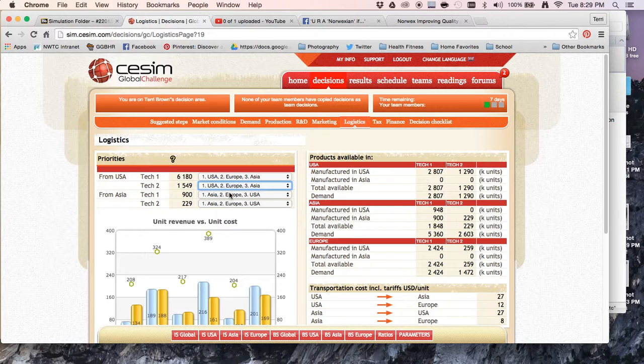Always send to the US first, and then I always send Europe next because we can't have any production facilities there. So I'm going to see if that helps my marketing, but generally I don't change this logistics screen much as a result. This is generally what I keep it at, unless for some reason one of the technologies I'm not shipping to Europe and then I put them last. That would be something that I could do too. Right now I just have two technologies.